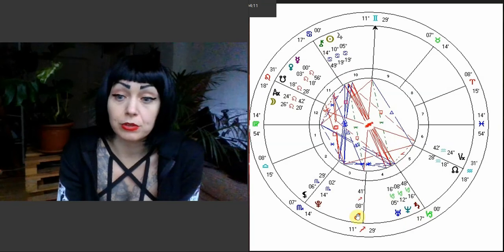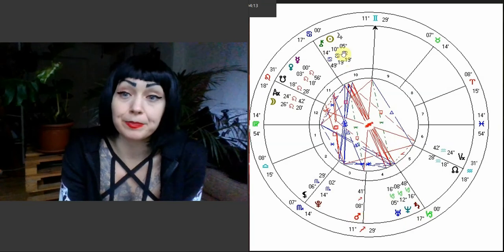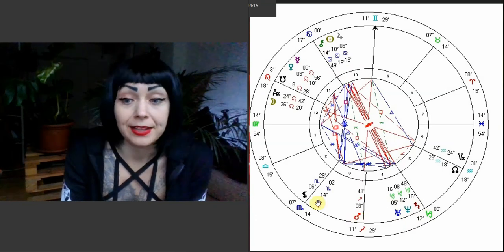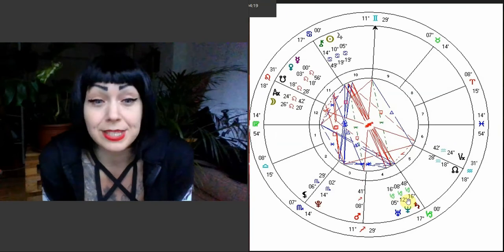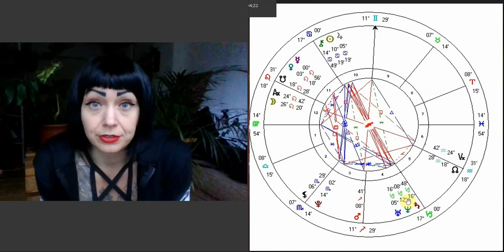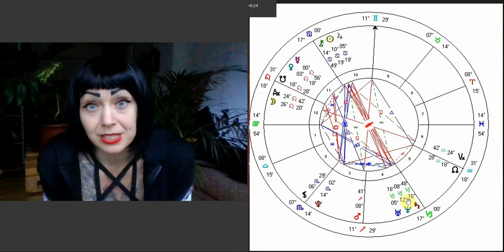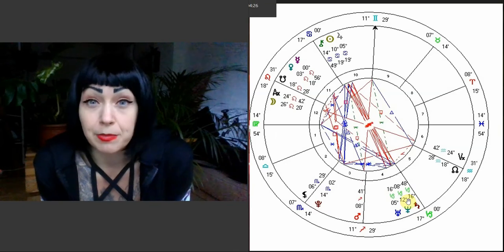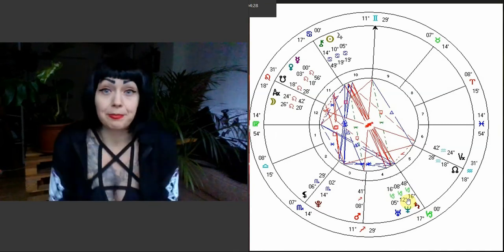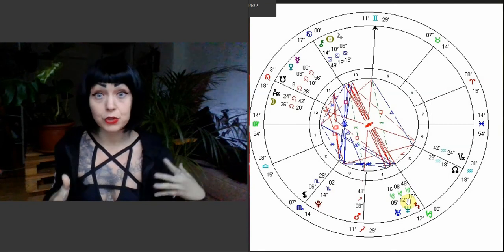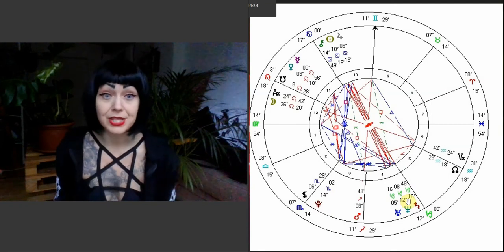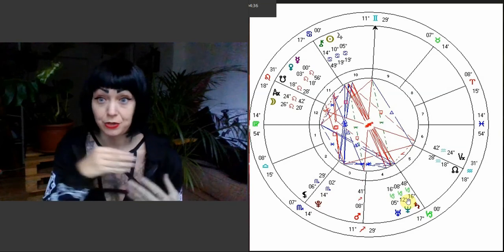So we're going to look mainly at the personal planets and then maybe just at the house placements of the transpersonal planets, okay? Always keep that in mind, that you cannot just read transpersonal planets with the same importance as you read personal planets, especially when it comes to relationship charts, no matter if it's synastry or composites, just because they are generational.